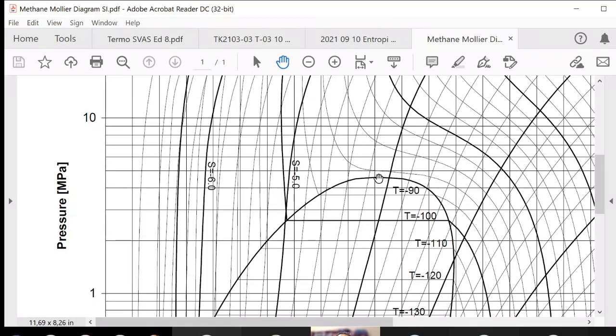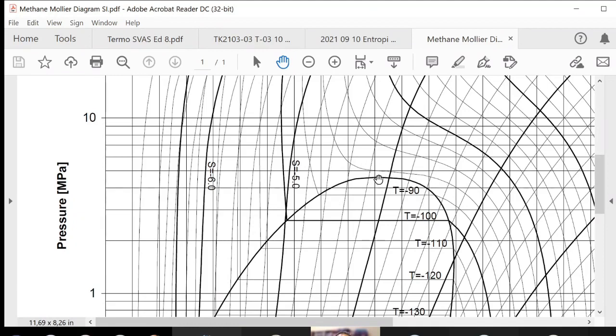Okay, please respond, any one of you. Will it be minus 85 Celsius, sir? Minus 85? Is it closer to minus 80 or is it closer to minus 90? Close to minus 90. Is that right? This point? Minus 90 is this. Minus 80 is this.